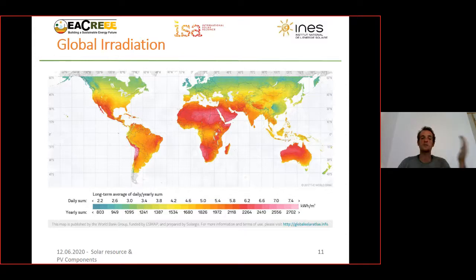So also, these are nice values to have always in mind concerning your country, to make your own projects. Of course, if you have 2,000 kilowatt hour per square meters of solar potential, this will give you a constraint in terms of after design, because you will not be able to convert, of course, more than this solar energy.